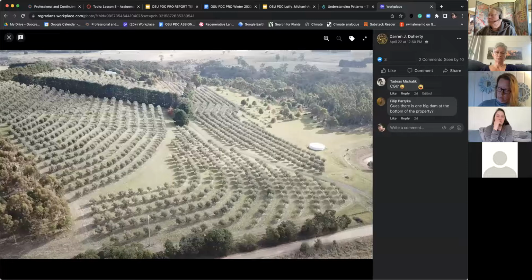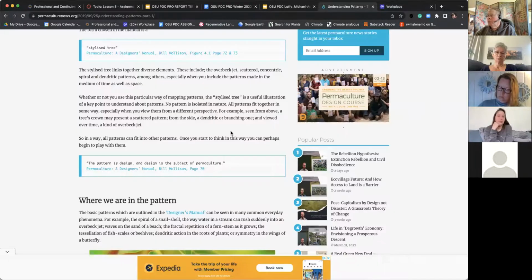Let's see, sorry, I should go back. So that is one example of a pattern. The contours themselves may be an example. There are certainly cases where I have seen permaculture agricultural settings set their annual beds up on contour.